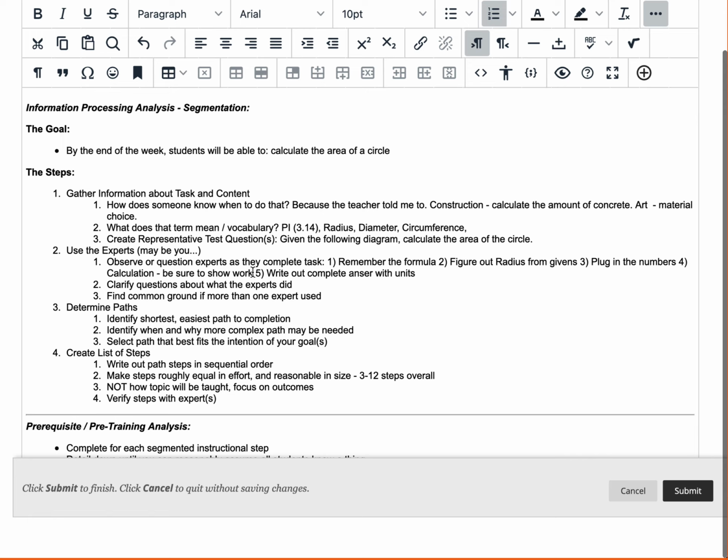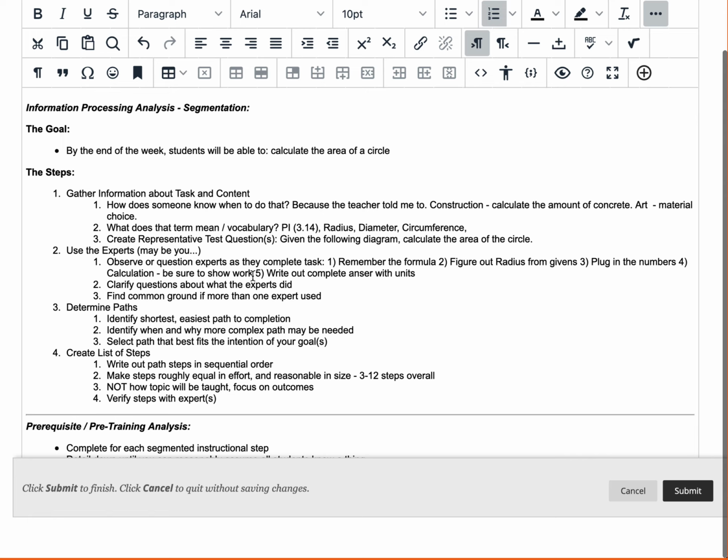Because, for instance, pi r squared, even though it's a really simple equation, I do know this much: you have to do the exponent first, and then you would do the multiplication. So it's possible that a student might look at pi r squared, multiply pi times the radius, and then square that, as opposed to squaring the radius and then multiplying it by pi. You get two completely different answers with those.